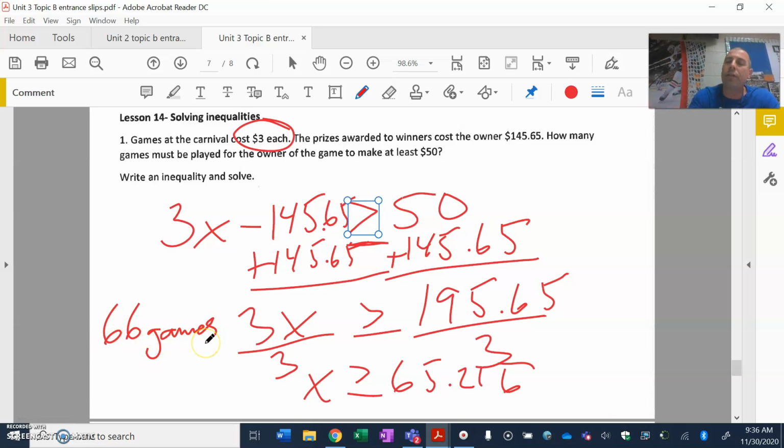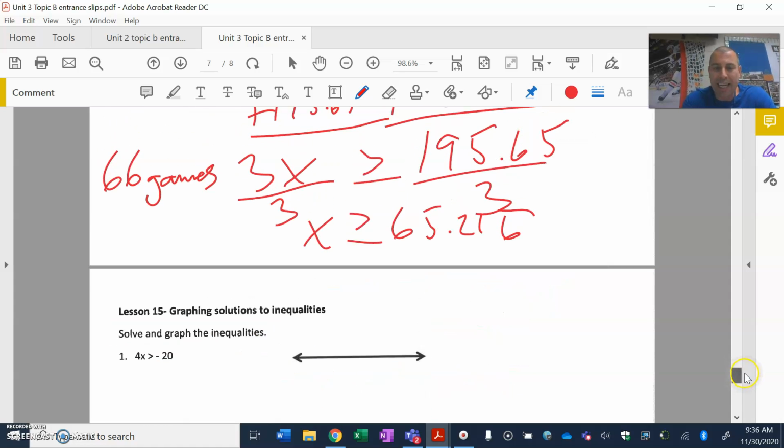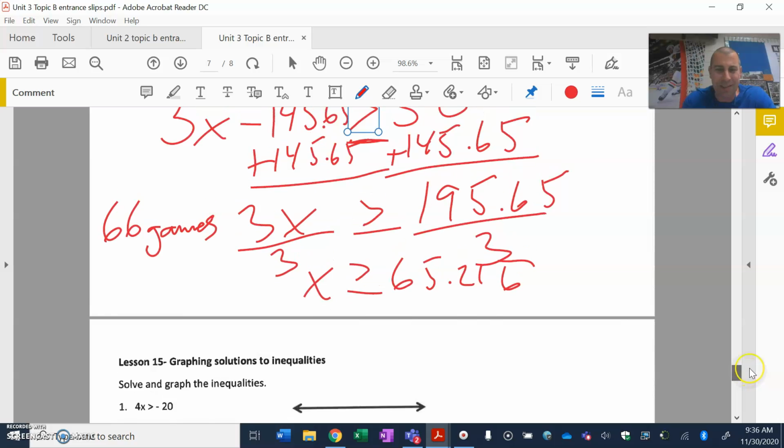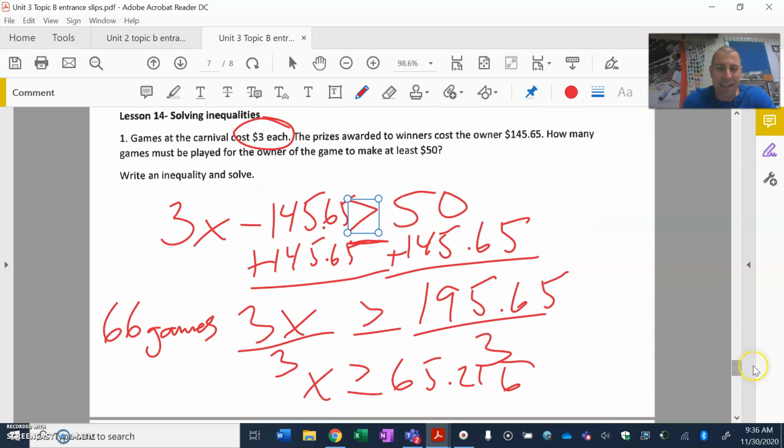This is where the visual of using the inequality helps us out a little bit. So I was looking for some space here. I guess I'll come right down here. This is 0, this would be 65, that would be 66, and that 65.216 is somewhere here.